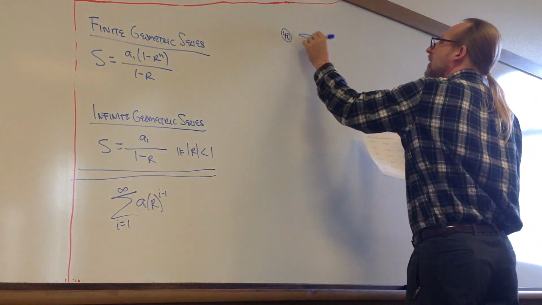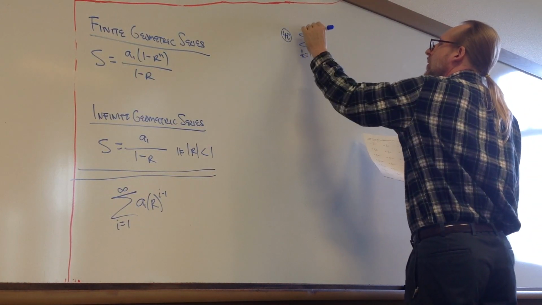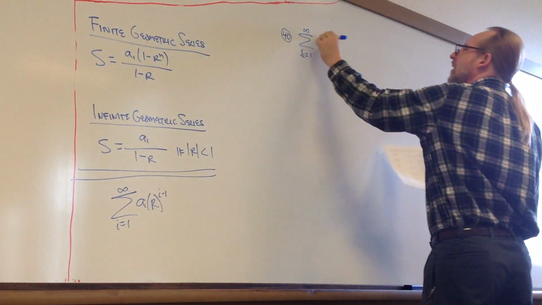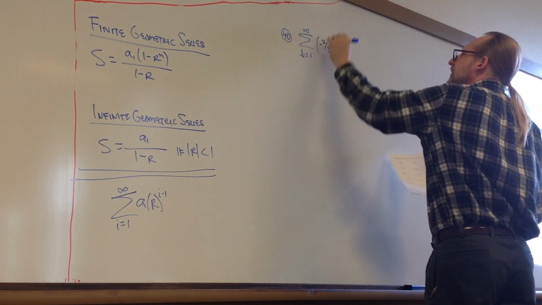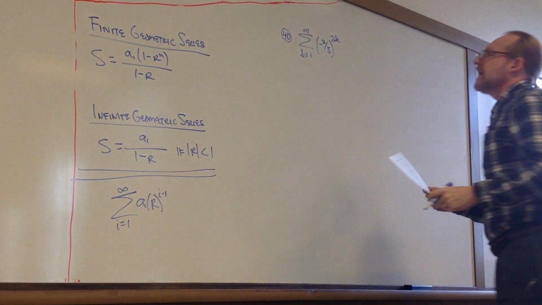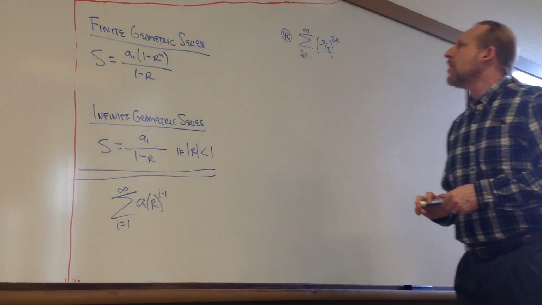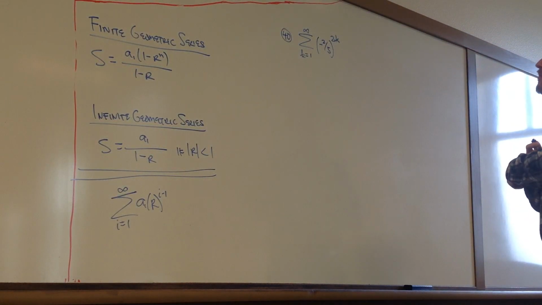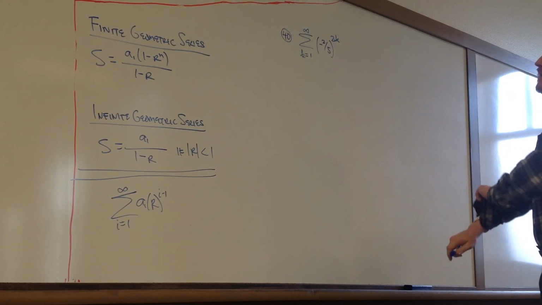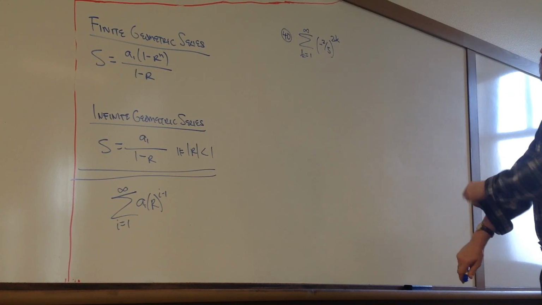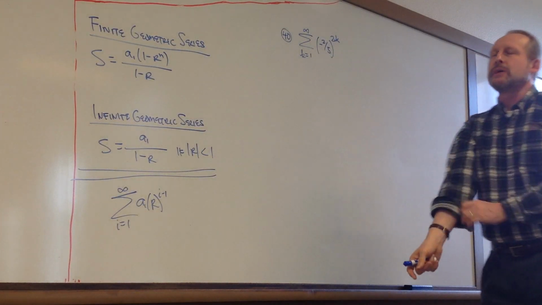We've got a sum from 1 to infinity, negative 2/5 to the 2k power. All right, well, this is definitely not in standard form. And part of that is because our r in this case is not going to be negative 2/5.